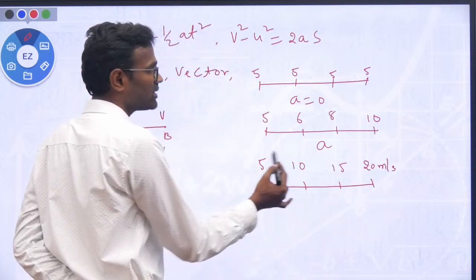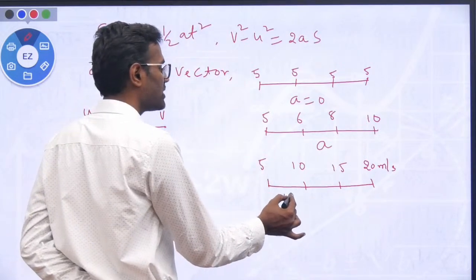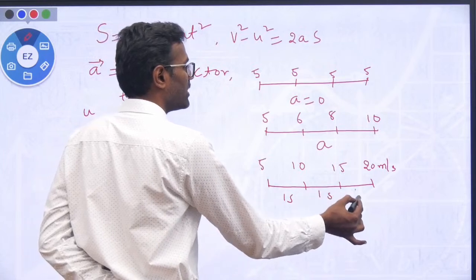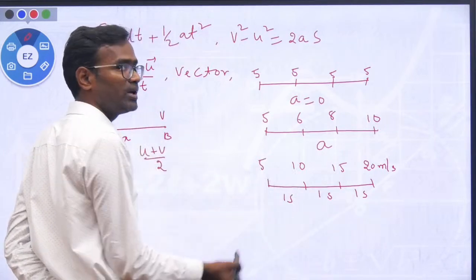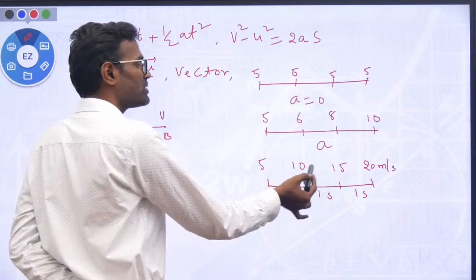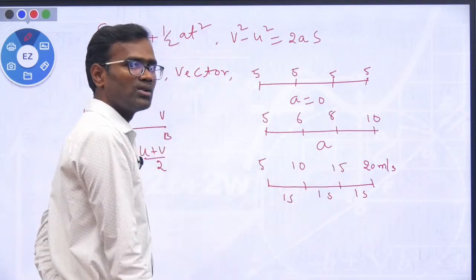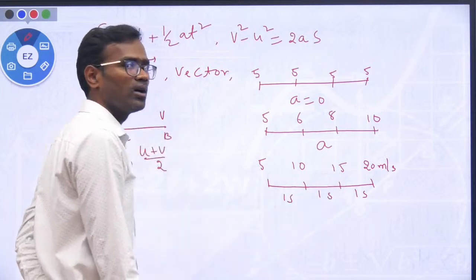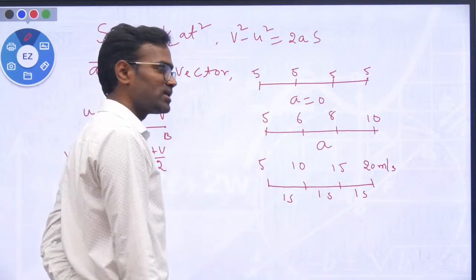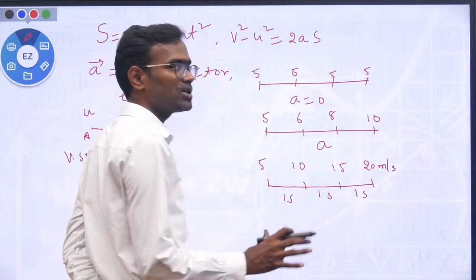In each 1 second, speed increases by 5. This type of motion is called uniform acceleration.